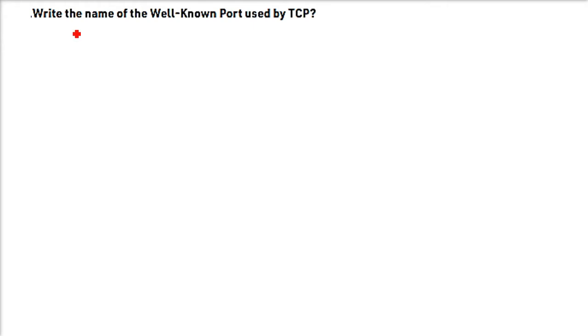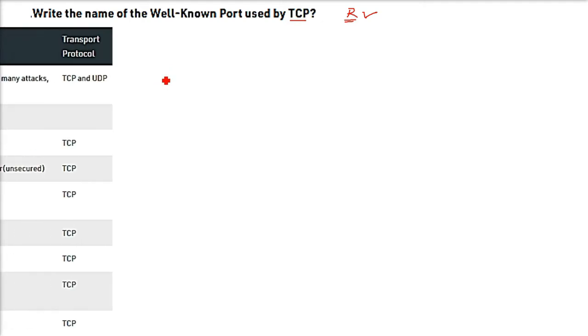Write the name of the well-known ports used by TCP. So Transmission Control Protocol is a reliable protocol, connection oriented, and process to process communication. Every TCP segment will be delivered.